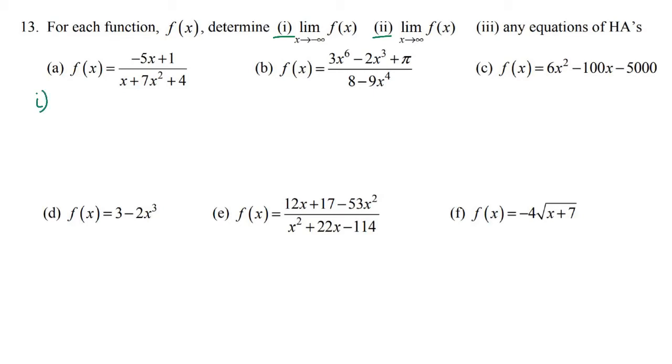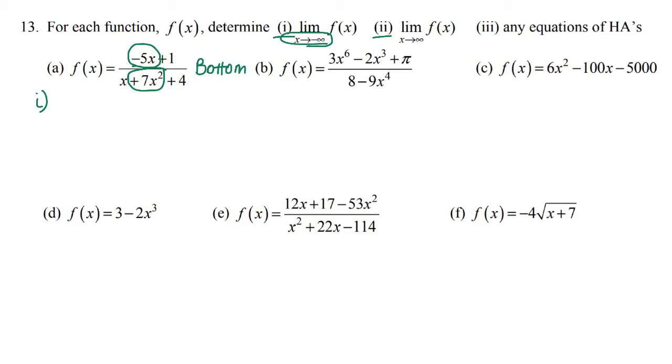We're looking at our limit as x approaches negative infinity. Again, that's our end behavior, so we need to look to see whether we are top heavy, bottom heavy, or balanced. Notice here the highest power on top is negative 5x, and the highest on bottom is 7x squared. So this is going to be bottom heavy. So that one's a bottom.